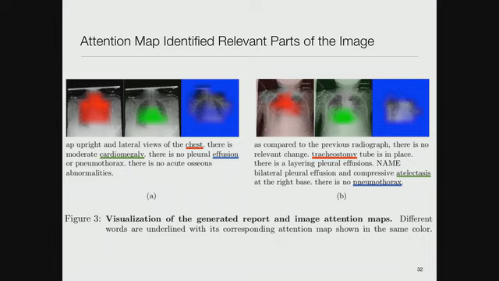That's the blue region. So how do you show me that there isn't something? We were surprised, actually, when the way it showed us that there isn't something is to highlight everything outside of anything that you might be interested in, which is not exactly convincing that there's no pleural effusion.